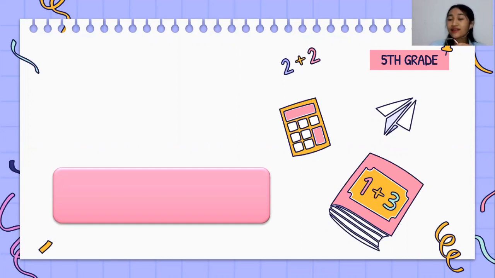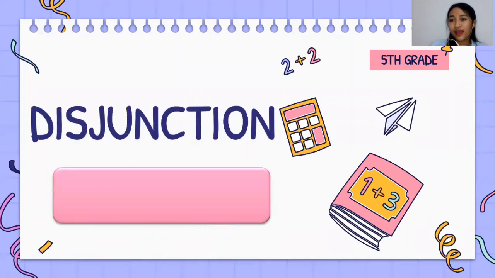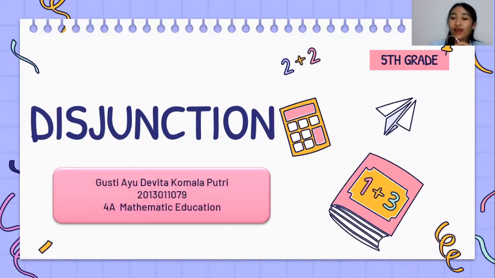Hi guys, in here I will explain the topic about disjunction. So, before I explain about the topic, I will introduce myself. My name is Gusti Devita Putri. My student number is 20130111079.